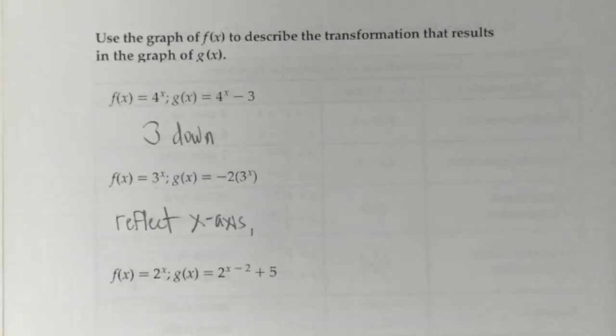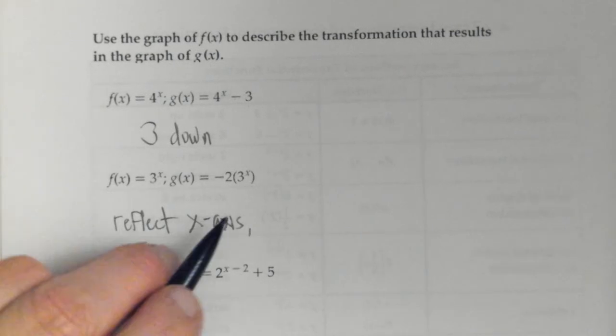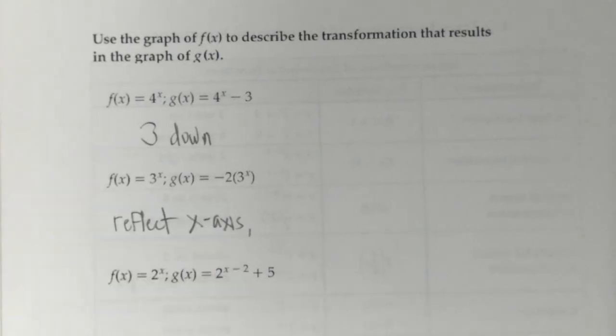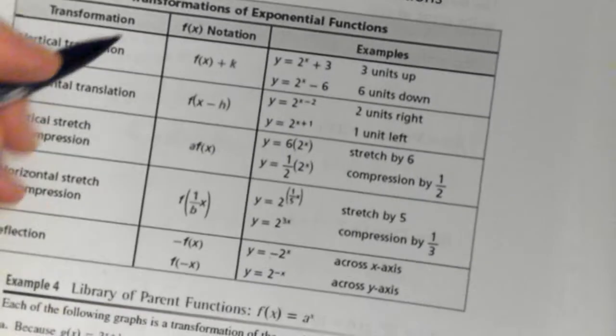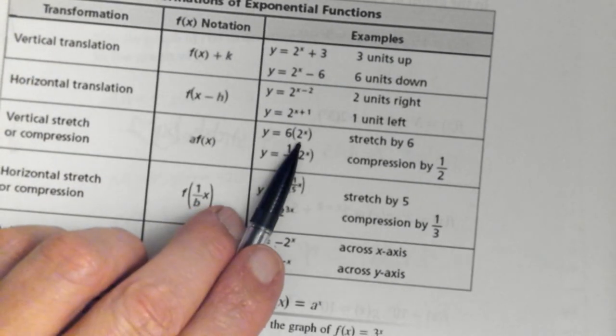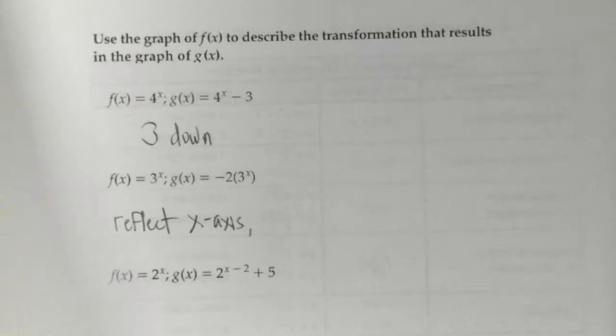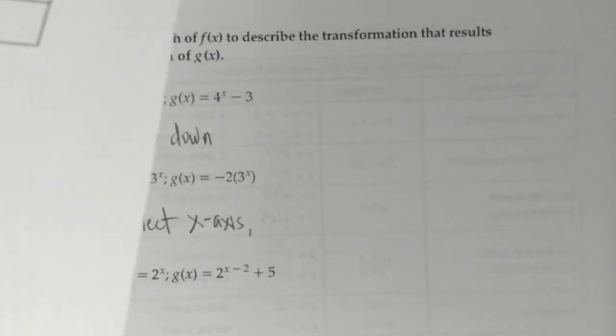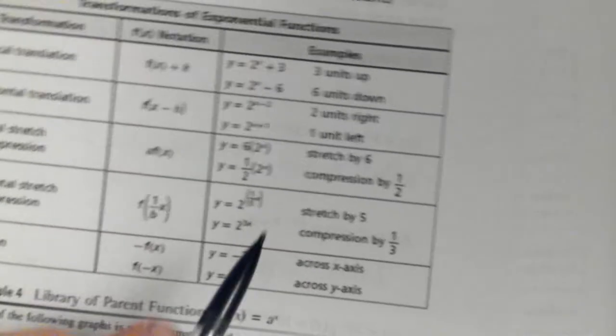All right? And of course there's another movement. Since this is a value of 2, don't forget also what happens when you multiply it directly to the base.